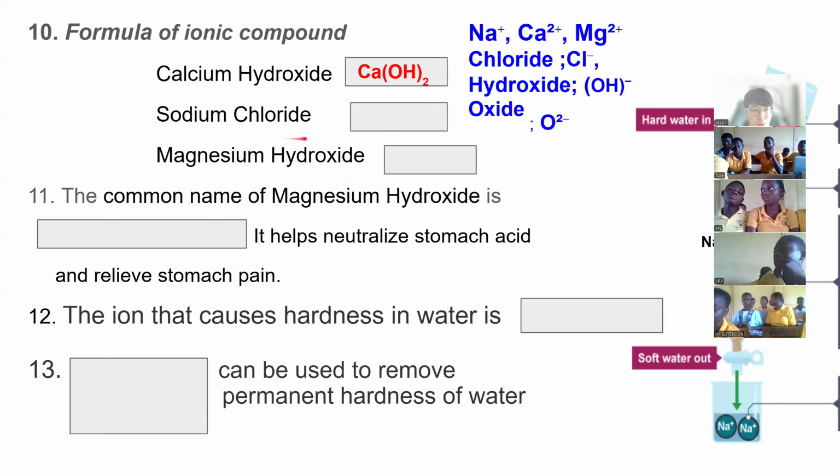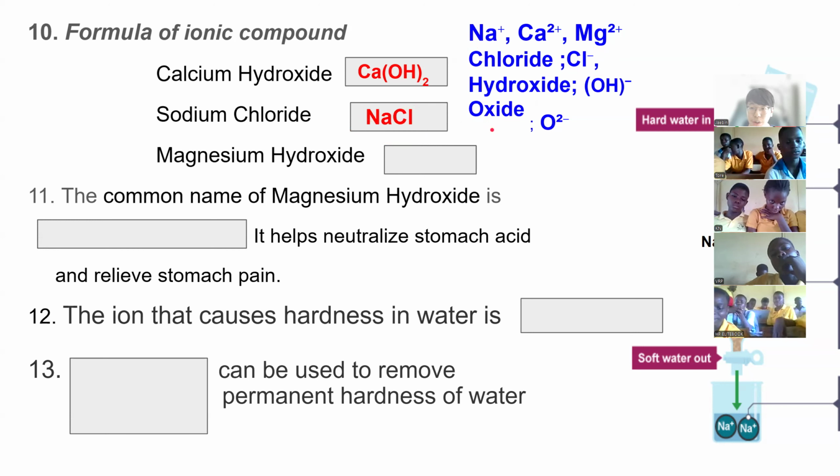Let's look at sodium chloride next. Sodium has a charge of 1 plus. Chloride has a charge of Cl minus. Since they both have 1 minus and 1 plus, they cancel simply. So sodium and chloride ions combined is NaCl.